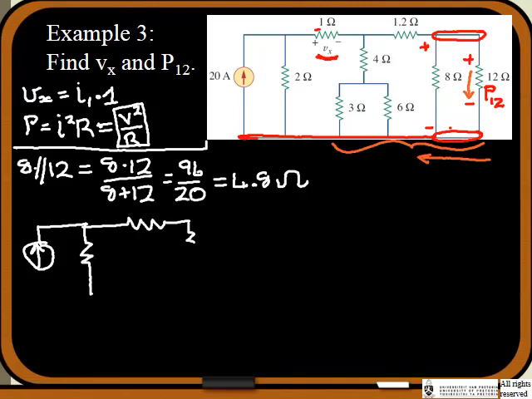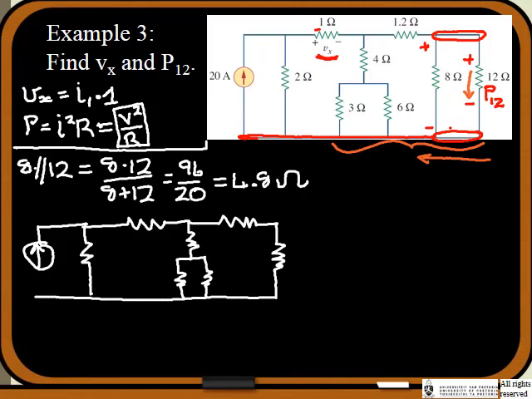Then we still have the 4 ohms, the 3 ohms, and the 1.2. Now the parallel combination is all in one resistor, so this is now 4.8, this is still 1.2, this is still 6, over here we still have 3, here we still have 4, over here the 1 ohm, and here the 2 ohm resistor.